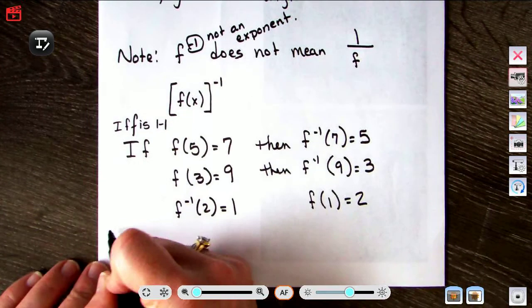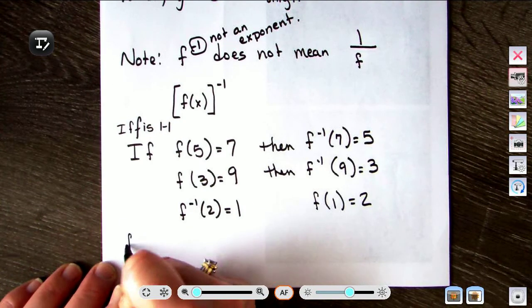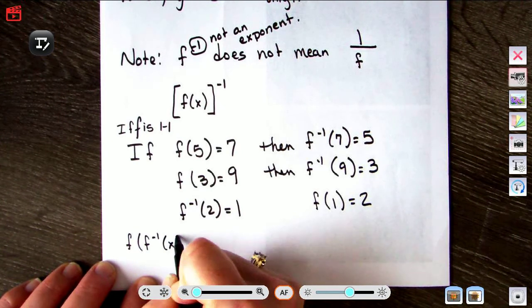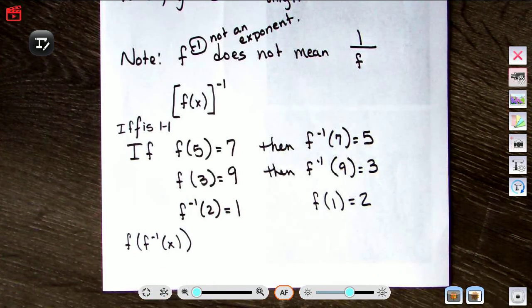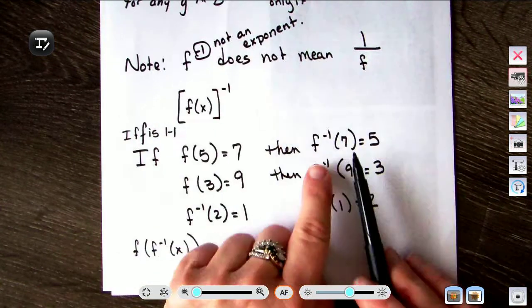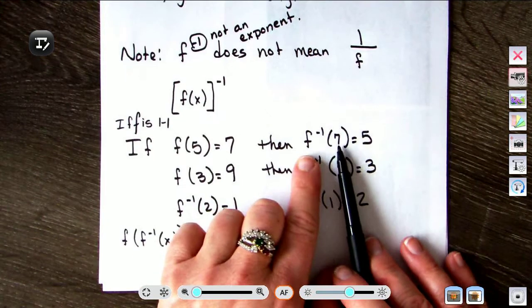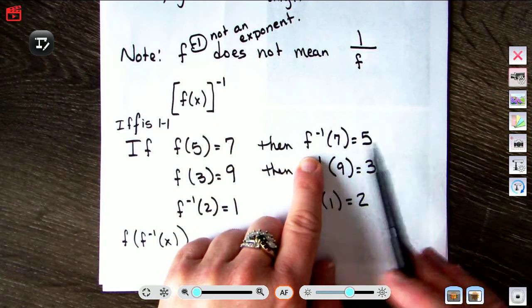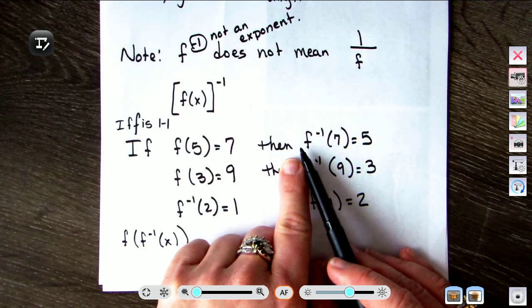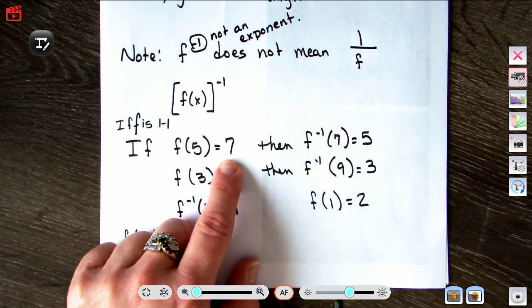Okay. One last note. What if I did f of f inverse of something? Well, the thing to kind of remember is these kind of undo each other. So think about taking f of this. Going back up here, if I did f of this, I'd be taking f of f inverse. Well, that would be f of 5, which is going to give me that 7.